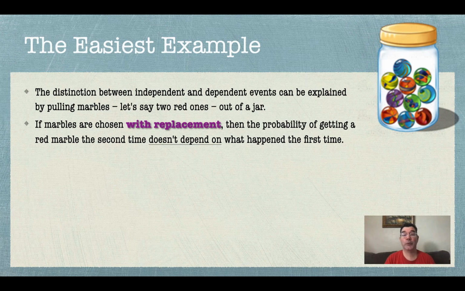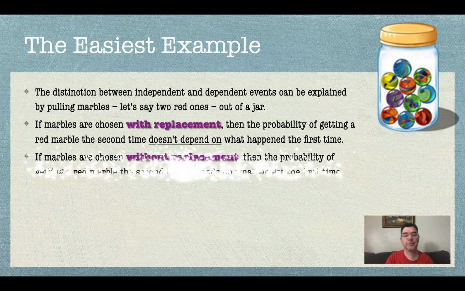One way is with replacement, meaning that every time that I choose a marble, I put that marble back. And then I choose another marble. So what that means is the probability of a given color during the second time that I pull a marble out is not going to change depending on what happened the first time, because the probability has stayed the same with every drawing because the situation hasn't changed. There's always the same number of each type of marble in the jar.